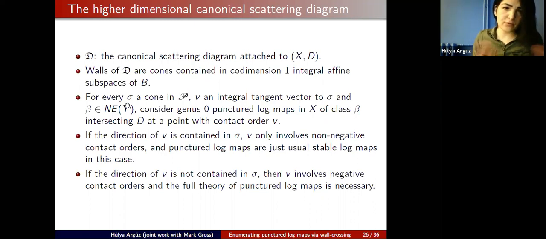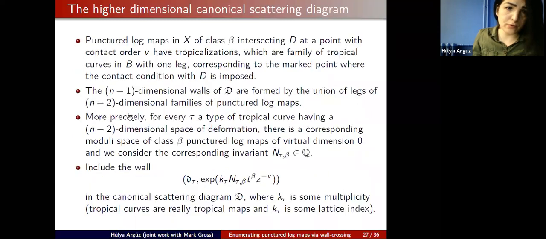So your problem is similar to dimension 2, you fix everything in one specific contact order at a specific marked point touching the boundary at one point your curves. And then you are allowed to impose the contact order negative, and then similarly you define your canonical scattering diagram as in dimension 2.